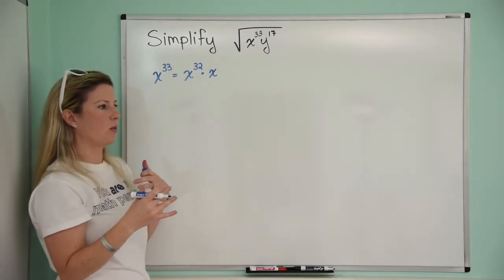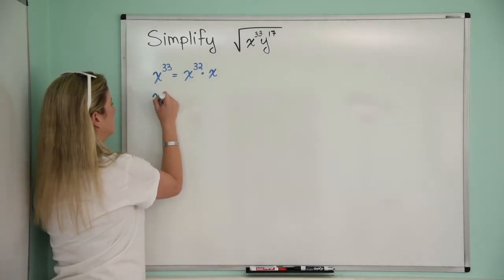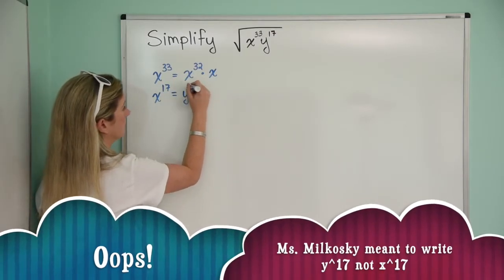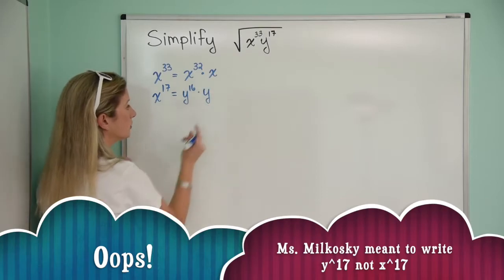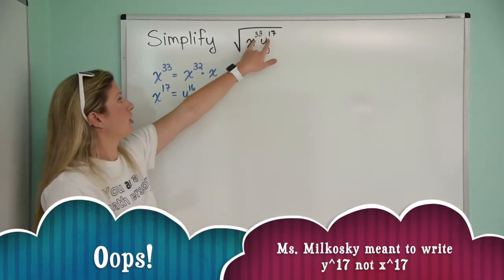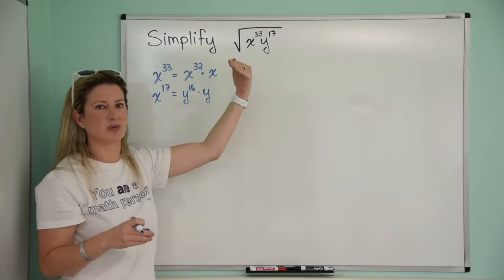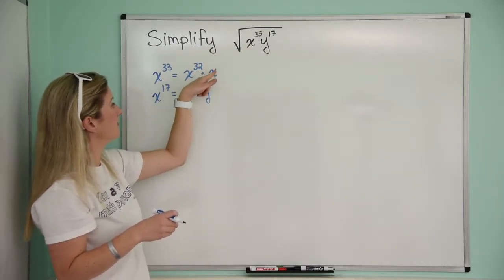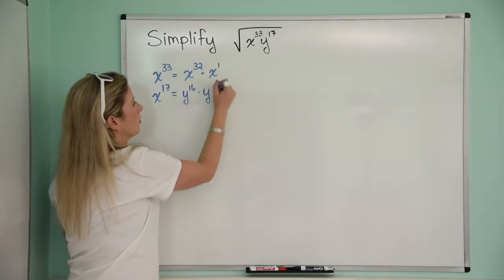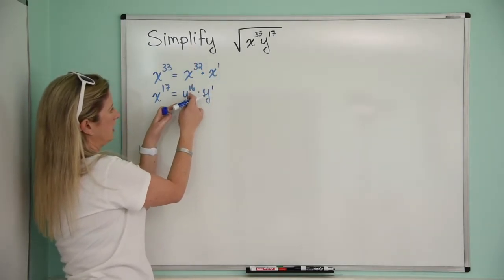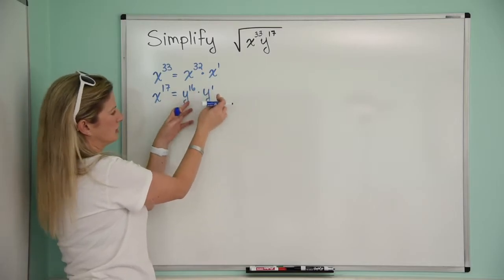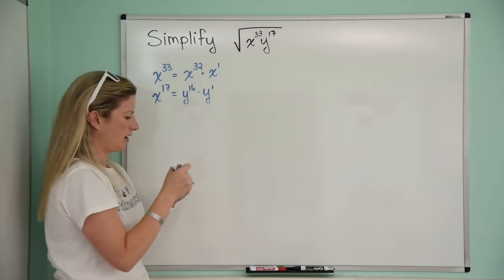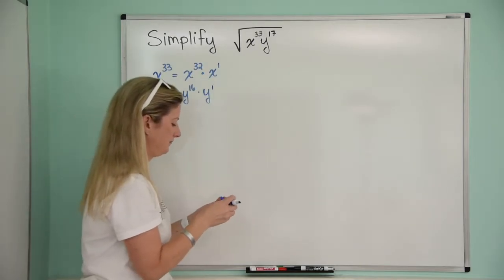How could we write y to the 17th with a multiple of 2? That would be y to the 16th times y. It's really easy with square roots. If the exponent is odd, we just subtract 1 and then multiply by the base, so 33 becomes x to the 32nd times x. Remember, when you're multiplying, you add the exponents. So it's really y to the first, but we don't show that. 16 plus 1 is 17, 32 plus 1 is 33.